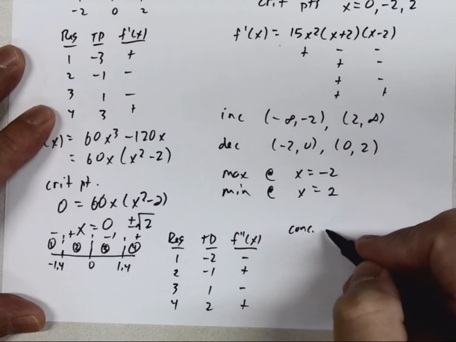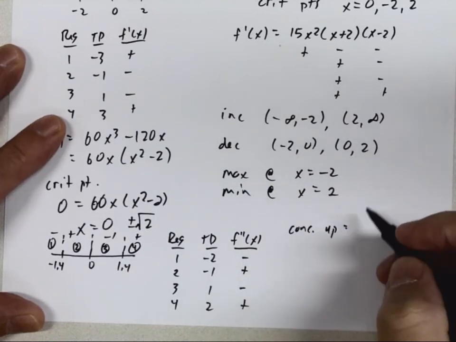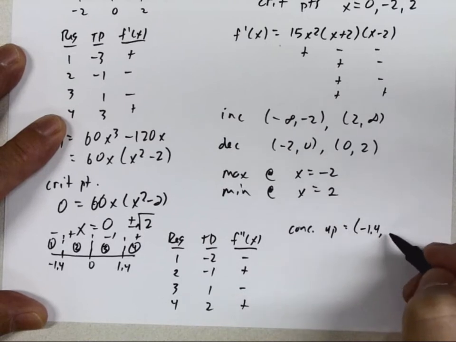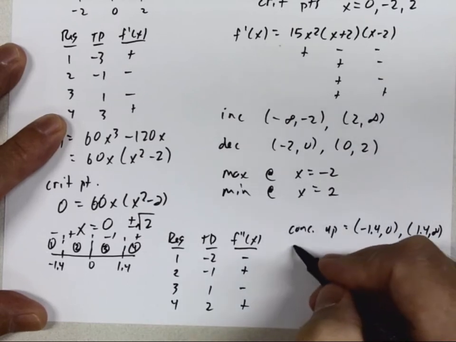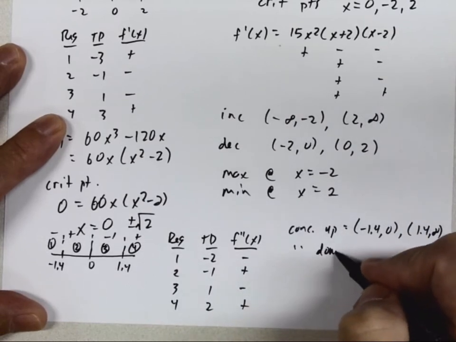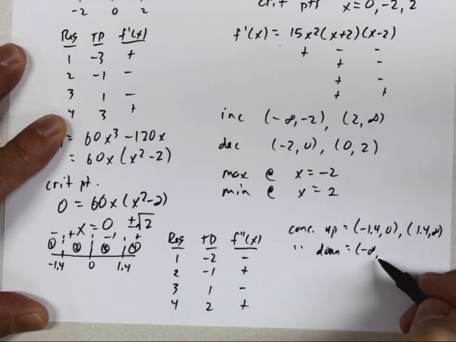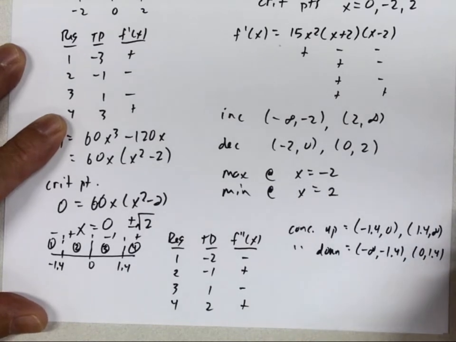So concave up: negative 1.4 to 0, and 1.4 to infinity. Concave down is negative infinity to negative 1.4 and 0 to 1.4.